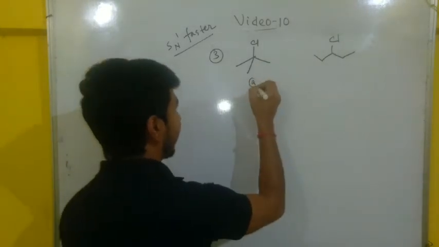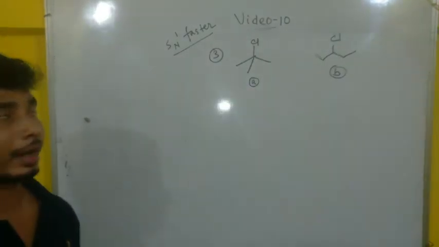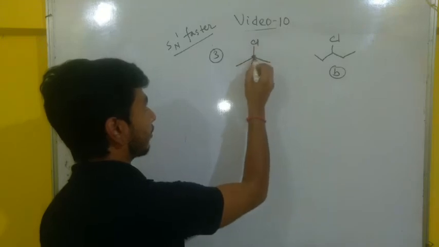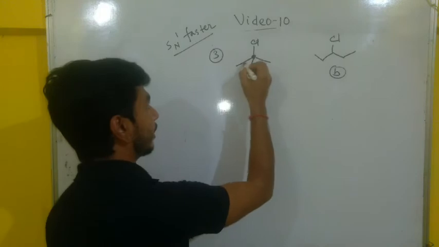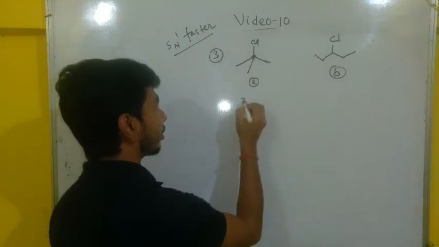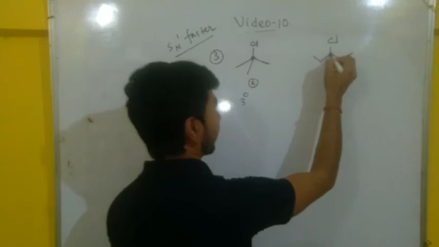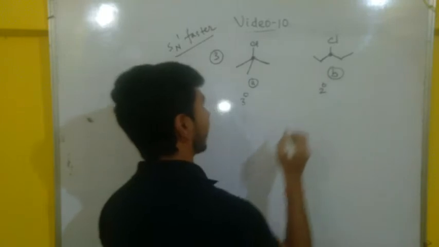It is A, it is B. First look at the alkyl halide. This carbon is bonded with a halogen, so it is the carbon containing halogen. It has 3 carbon-carbon bonds, so it is a 3 degree alkyl halide. And this carbon containing halogen has 2 carbon-carbon bonds, so it is a 2 degree alkyl halide.